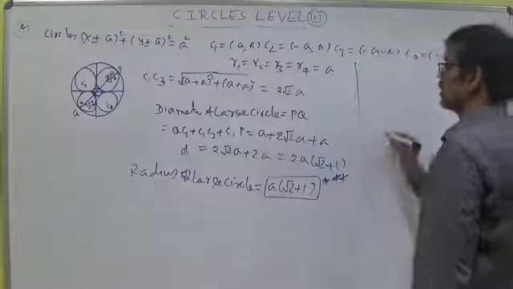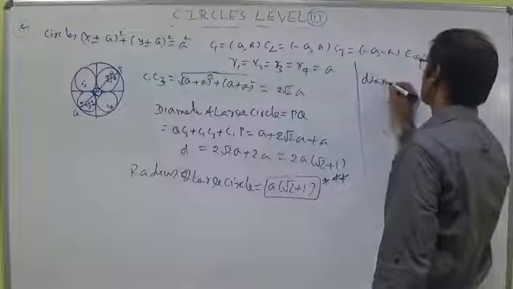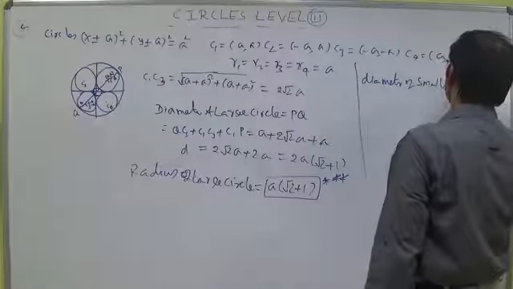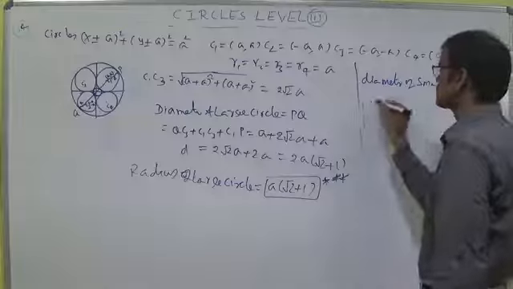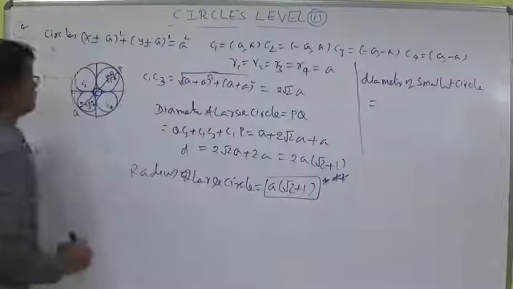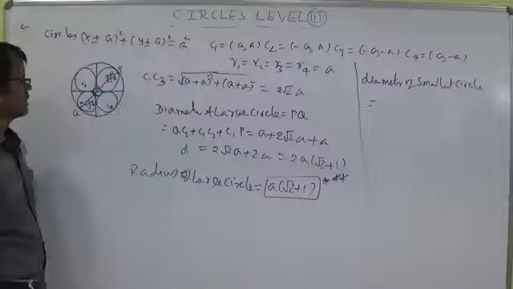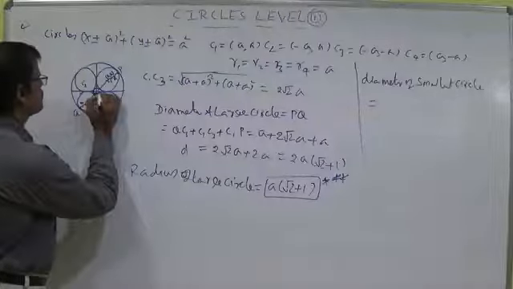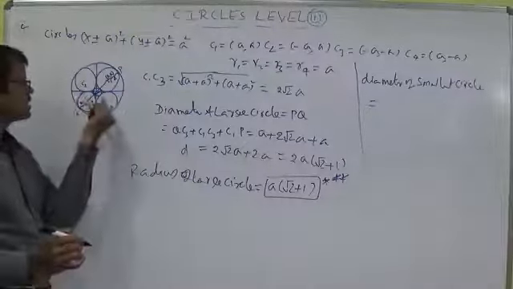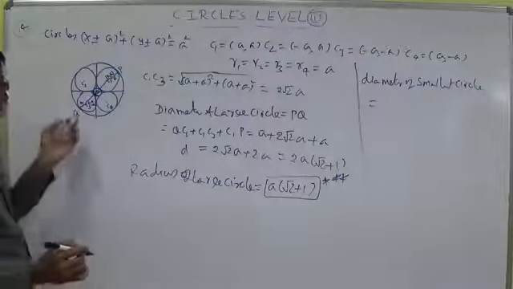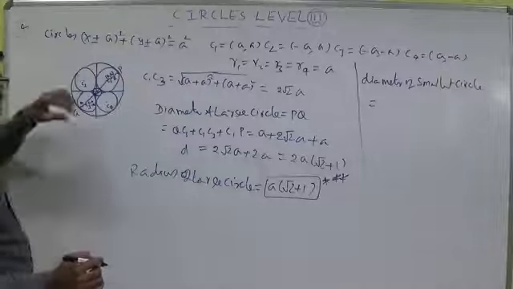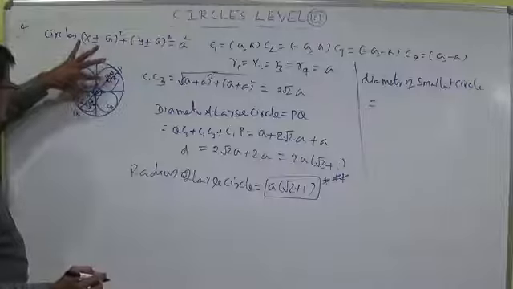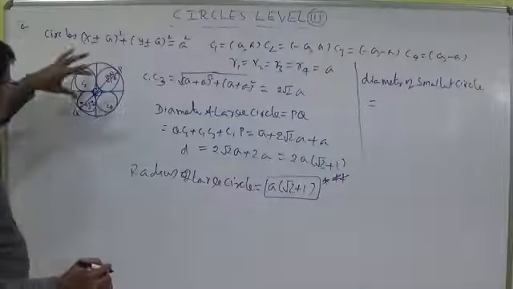Now the diameter of the small circle. The diameter of the smallest circle which touches all four circles is equal to C1C3 minus this part. What is this part? The internal circle diameter is total C1C3 minus these two radii.